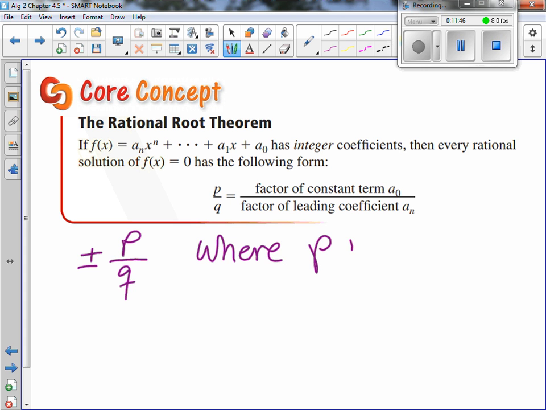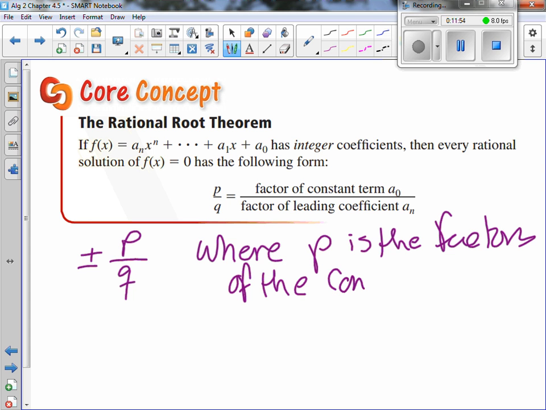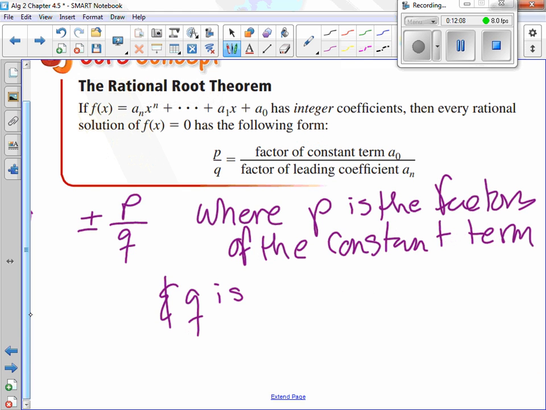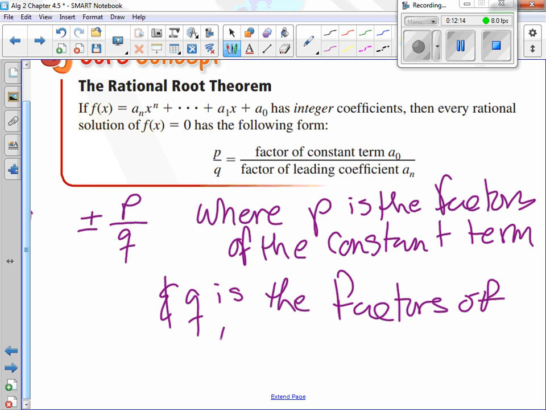Where p is the factors of the constant term, and q is the factors of the leading coefficient.